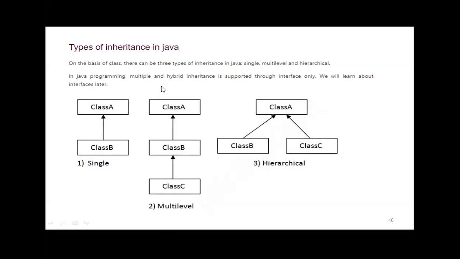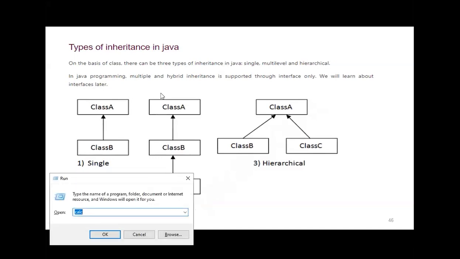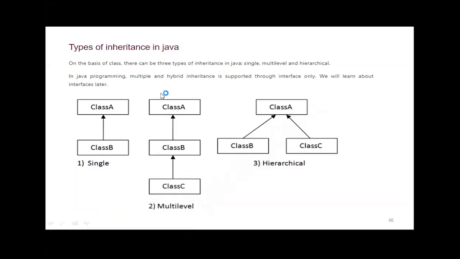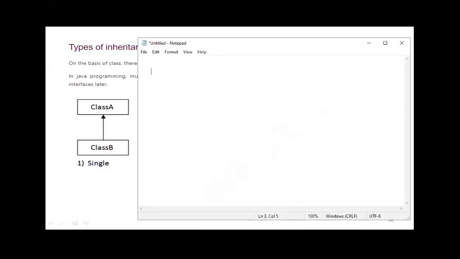So whenever we are implementing inheritance, we use the extends keyword. Which keyword, guys? Extends. For example, if I talk about single inheritance, suppose I have one class A. In class A, I have a few properties: int a, b.